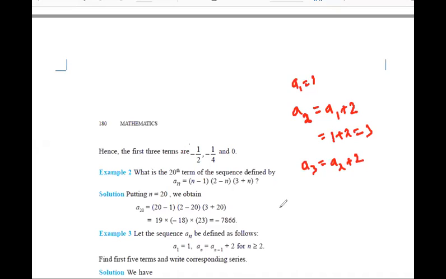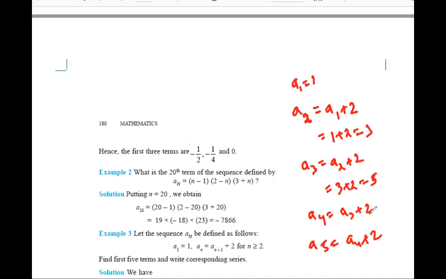Now, when you talk about A3, A3 should be equal to A2 plus 2, because AN is equal to AN minus 1 plus 2, which is 3 plus 2, equal to 5. In same way, A4 is A3 plus 2 and A5 is A4 plus 2. So if you see this, is this sequence in AP?